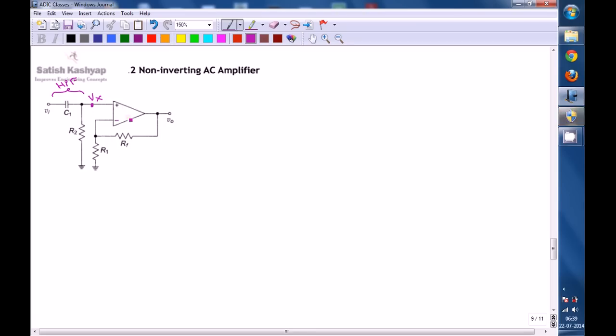So it is acting as a non-inverting op amp.